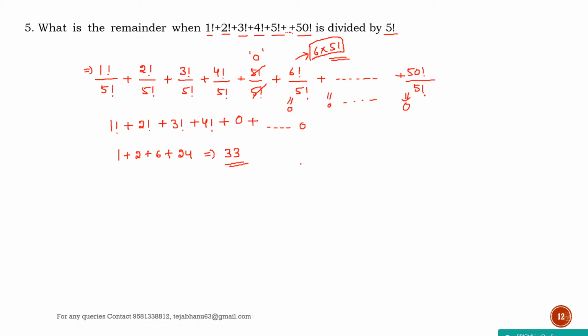So the remainder when 1 factorial plus 2 factorial plus 3 factorial plus 4 factorial plus 5 factorial, and so on up to 50 factorial, is divided by 5 factorial, the answer is 33. The remainder is 33. I hope it's clear.